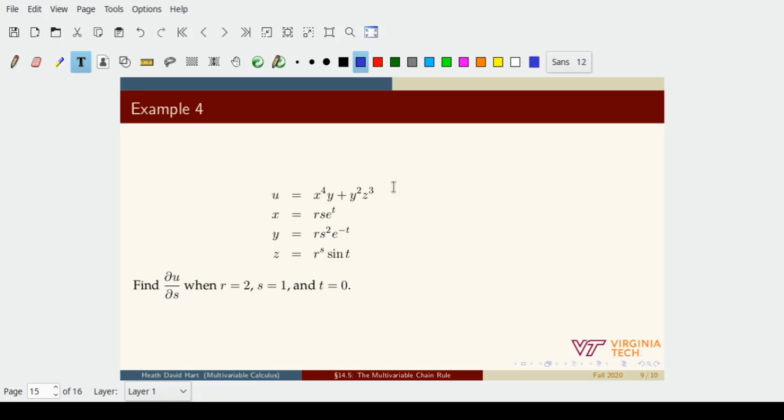So let's look at this diagram here. We have u, which depends on x and y and z. And then those depend in turn on r, s, and t.